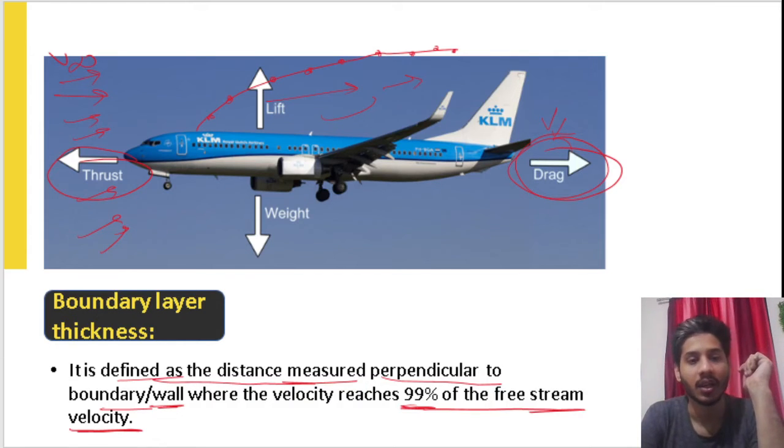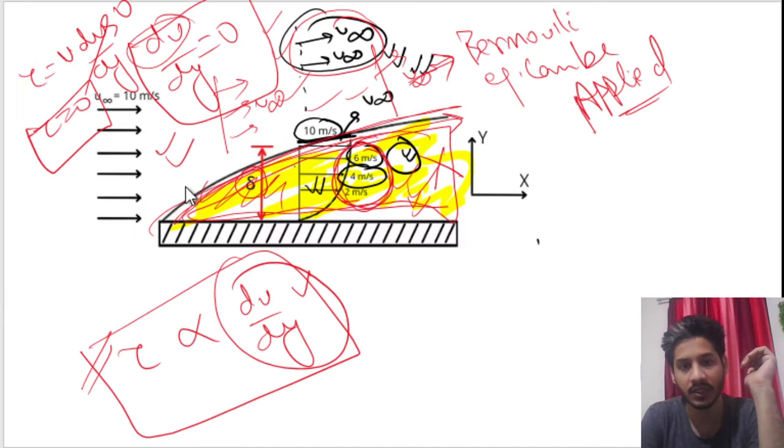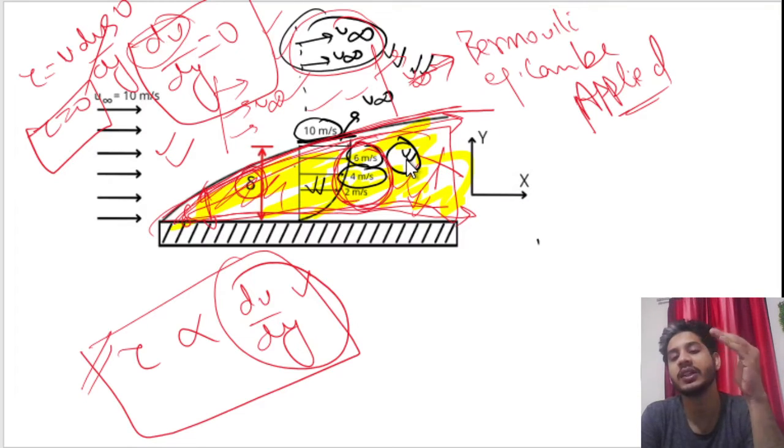So basically, as we proceed towards the trailing edge, the boundary layer increases. See, at this point, this is the tail, and it continuously keeps on increasing up to a certain extent.